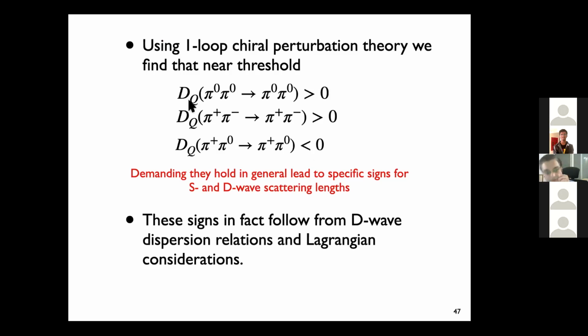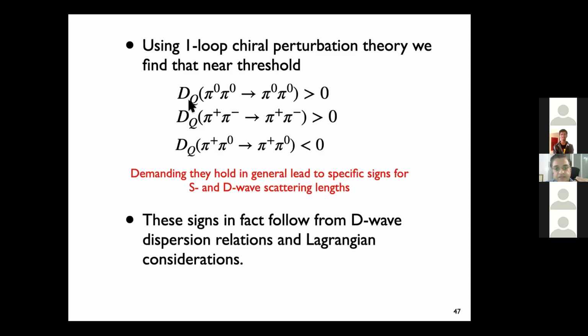There are two ways of thinking about it. The fact that all these signs should be respected, you can prove them using dispersion relations. Dispersion relations basically follow from making some assumptions on the high energy behavior of the scattering amplitude, which will end up affecting the low energy physics as well.